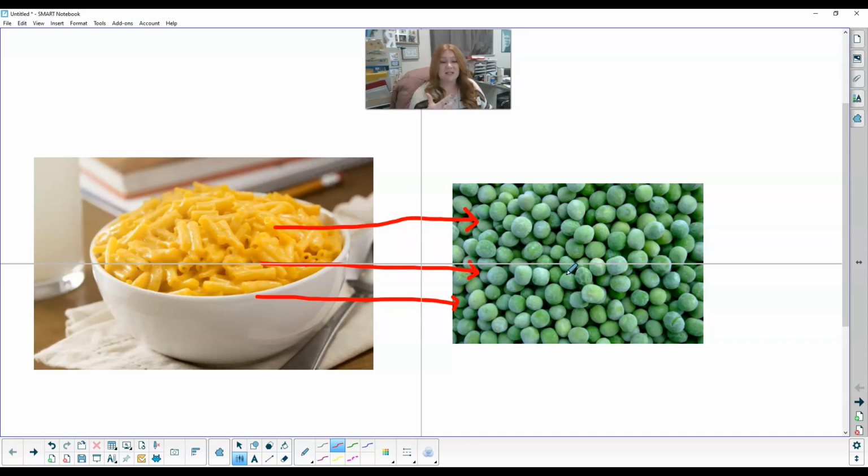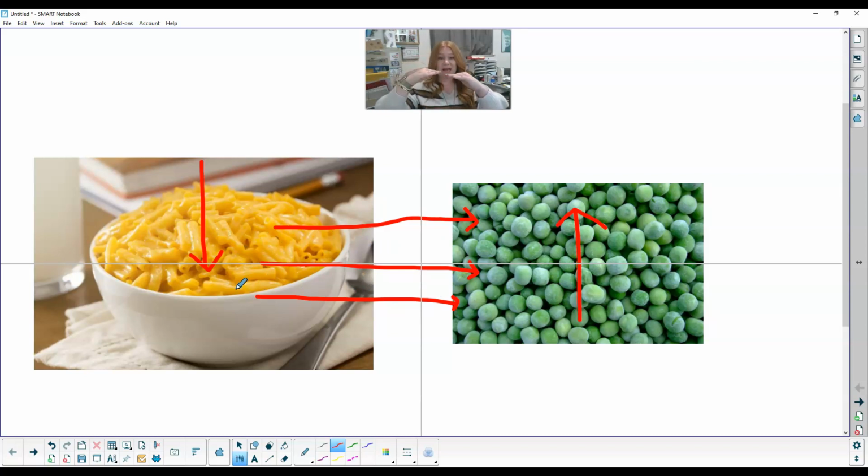And so that means these are actually going up in kinetic energy. So these are getting more heat energy. Our mac and cheese is getting less heat energy. So the mac and cheese is going down in temperature, which means its kinetic energy is going down because it had a lot. So it gave it away. It had extra to spare. And the frozen peas are getting that energy.